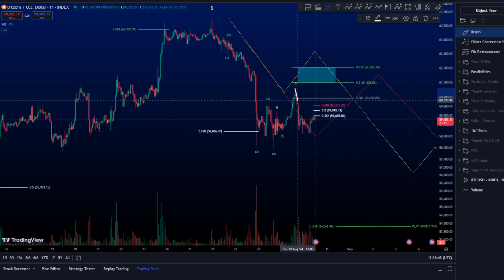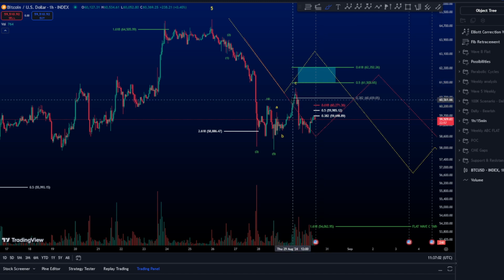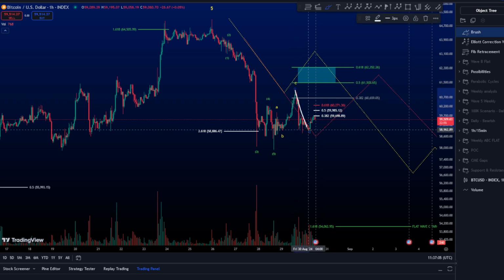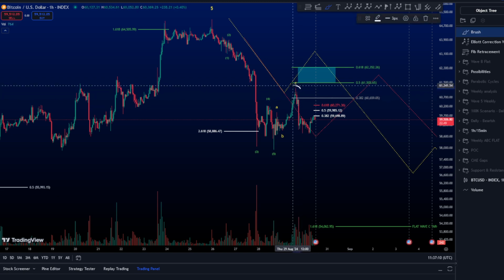Yesterday, this was my video that it has formed an impulse, right? We were looking for maybe small waves towards the downside and then go up and hit this box, but we saw a big impulse, right? And once an impulse is forming, that means we're heading towards the downside. That means I got enough correction.